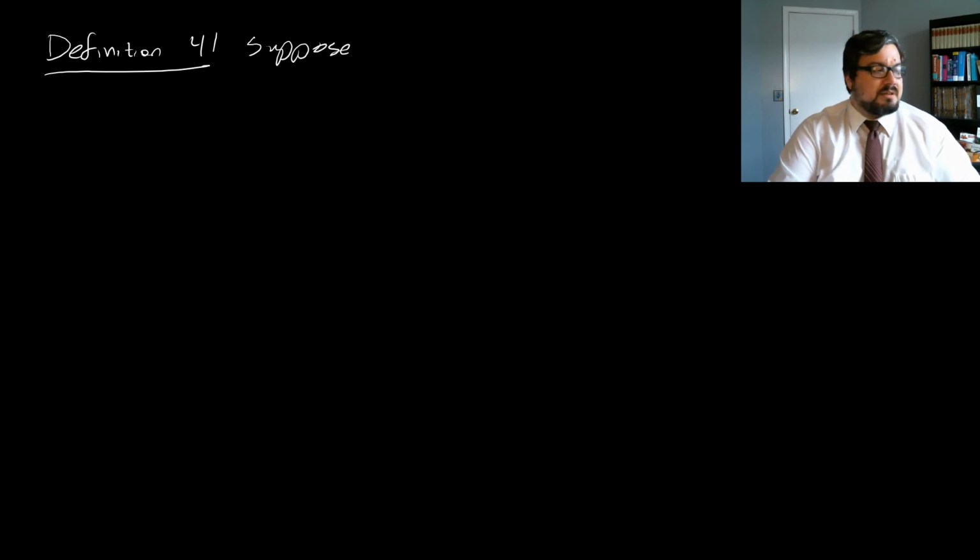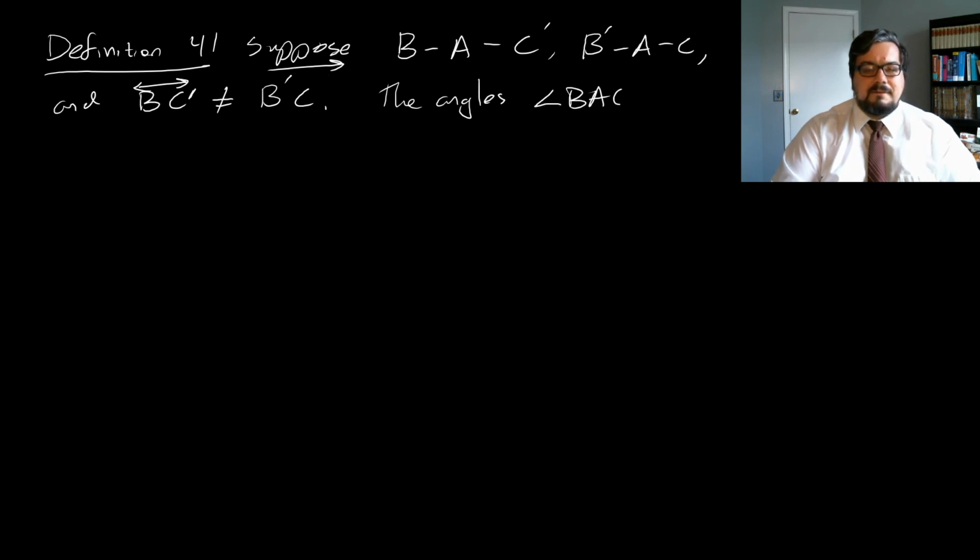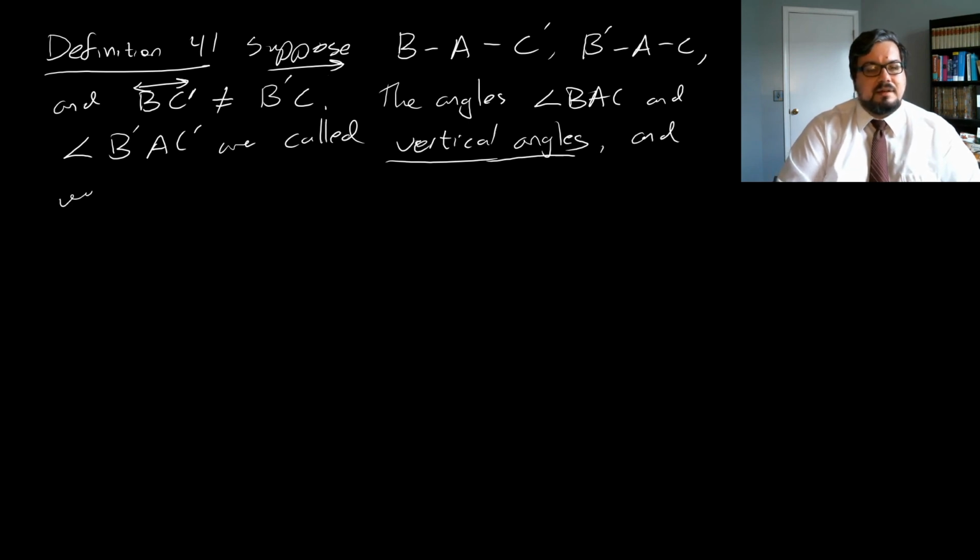Suppose that we've got five points: B, A, C prime, B prime, and C, and the line BC prime is not equal to the line B prime C. The angles BAC and B prime AC prime are called vertical angles, and we say they form a vertical pair.